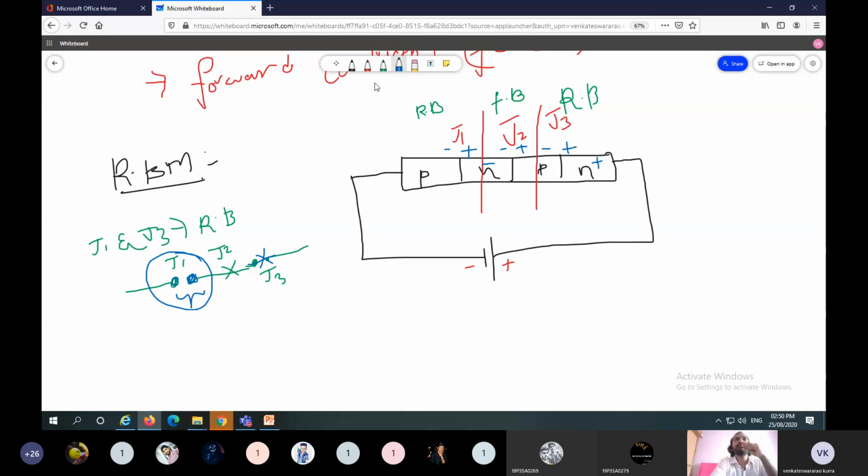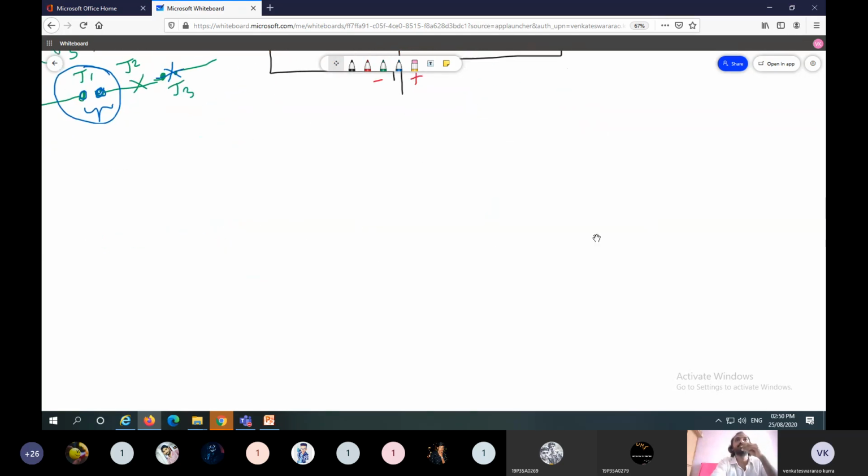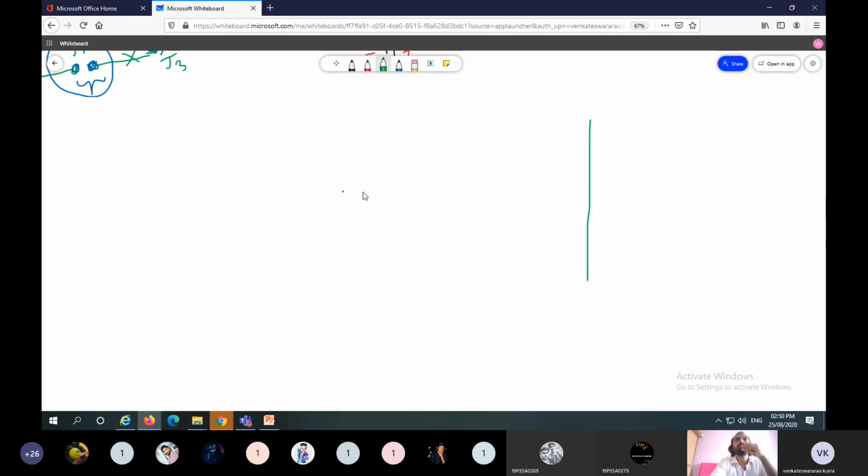Now if you draw the characteristics of the SCR in the reverse bias condition, this one is the current flowing through the switch, ISW, and this one is the voltage across the switch.